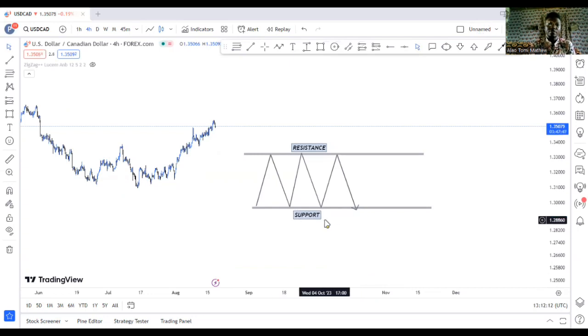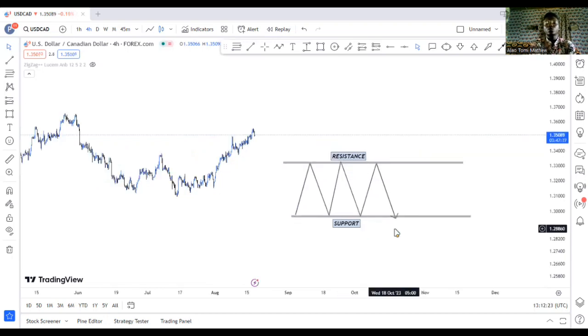It's simple, right? Very simple. This is a simple strategy that even most traders use to capitalize on in the Forex market. And what you want to be doing at the support area is expecting price to turn at that point. You are expecting price to turn at that point.